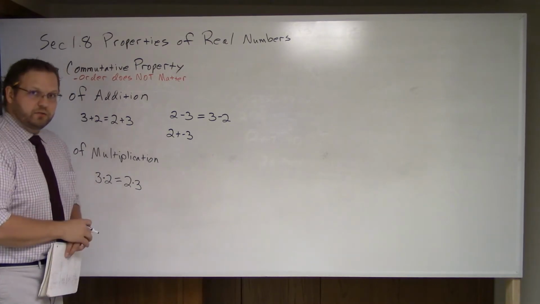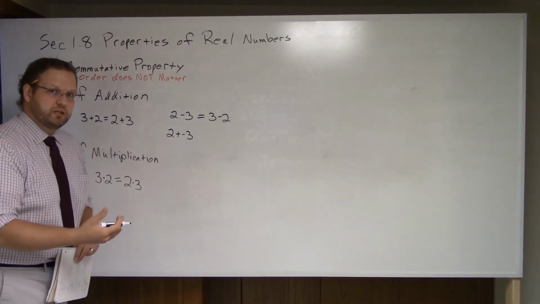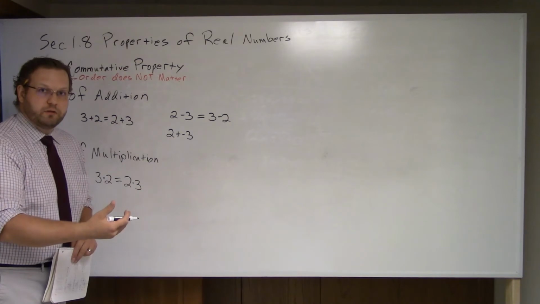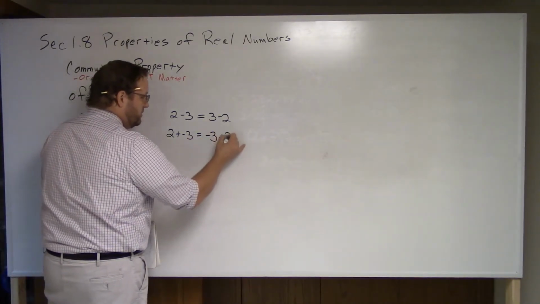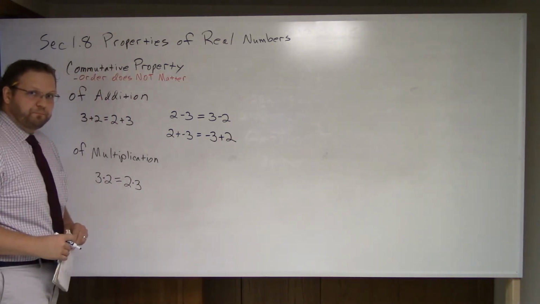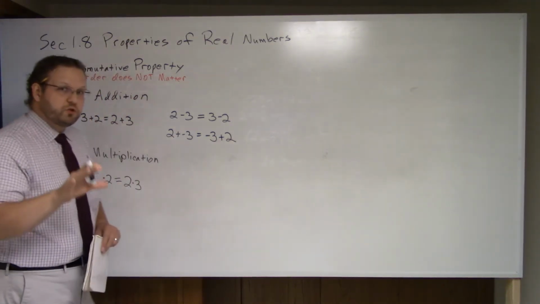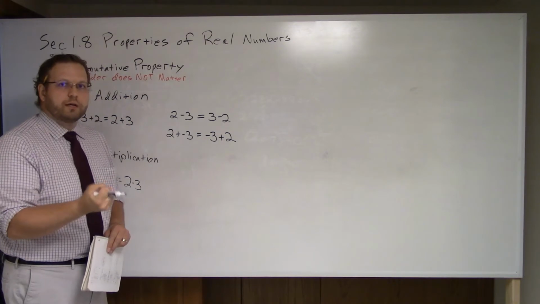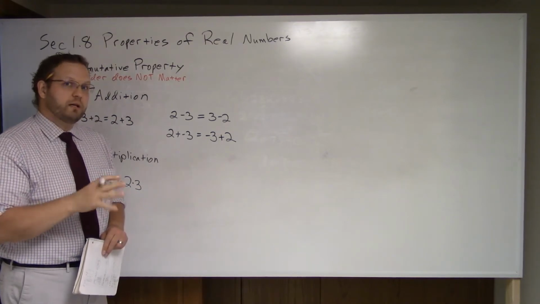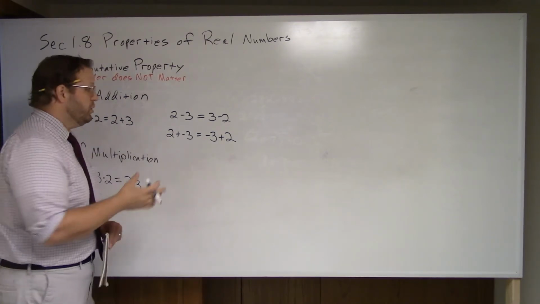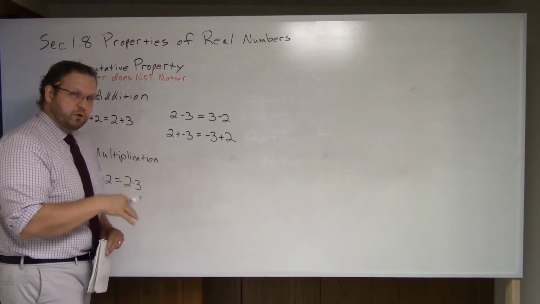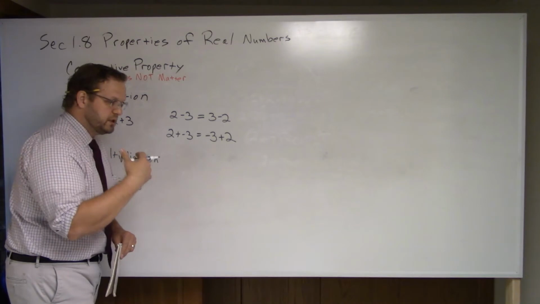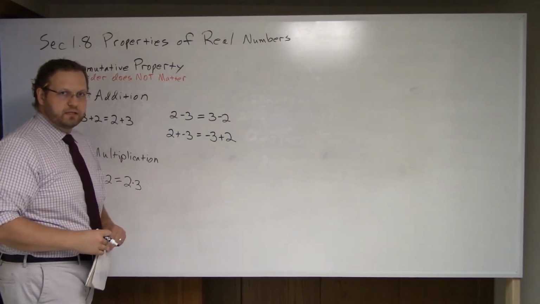Now what did I just do? I changed that to an addition problem, which is commutative. So what I can do then is make that switch like so. Okay? So subtraction at its core is not commutative. However, if we know how to manipulate these things a little bit, we can turn it into something that is commutative. So be aware of that as we're going through expressions and equations and things like that.